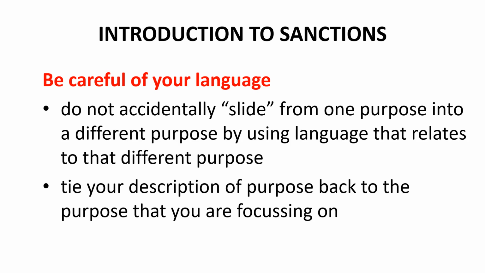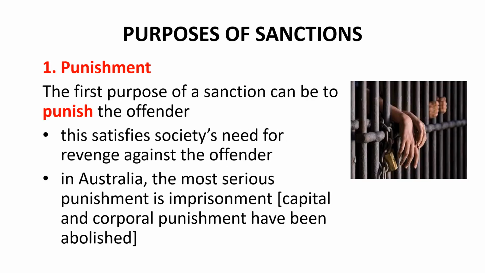In that context, you could say that community correction orders achieve community protection by rehabilitating an offender because if the offender is rehabilitated, then they are no longer a threat to society, as a rehabilitated offender will not commit further offences against society. Let's now look in turn at each of the 5 different purposes of criminal sanctions.